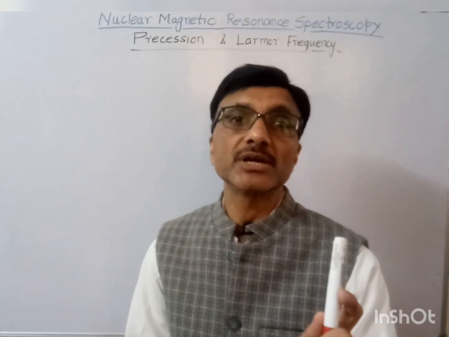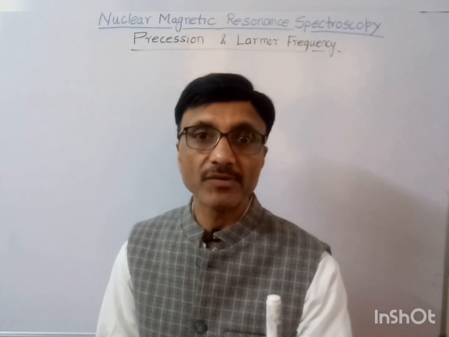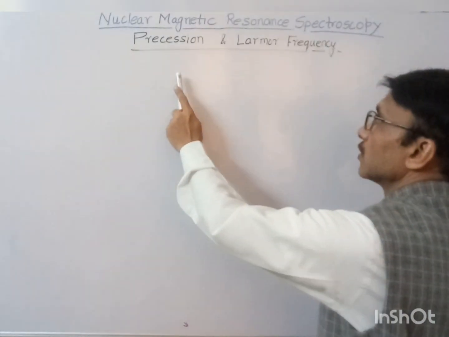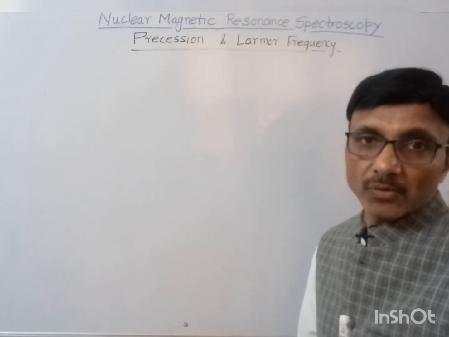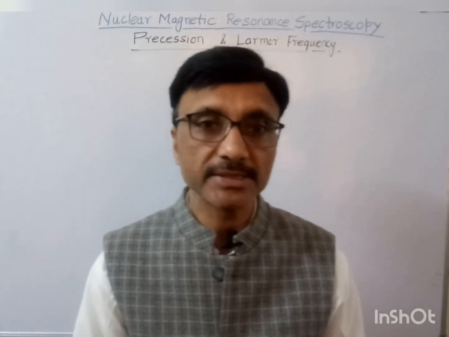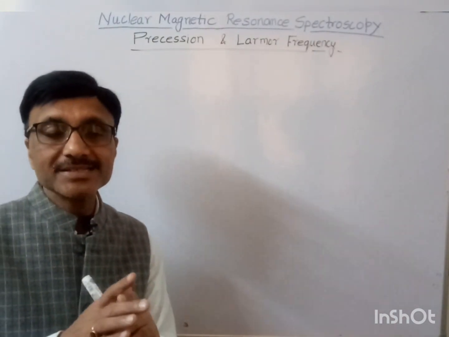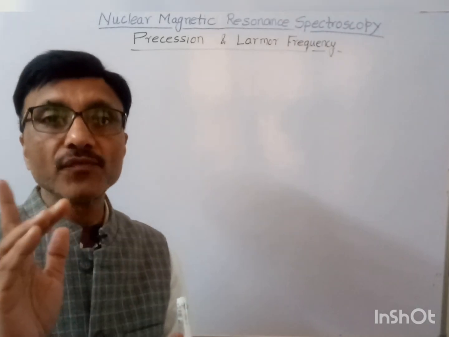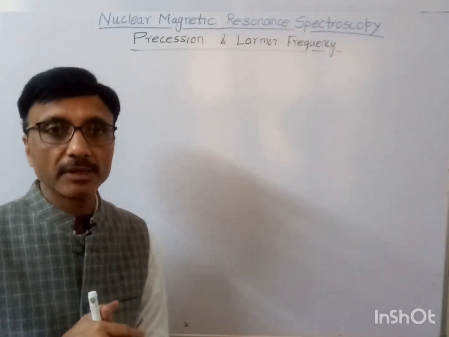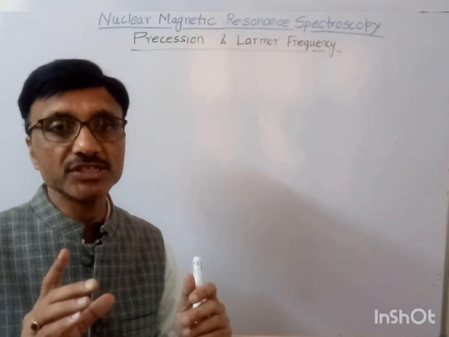Another kind of rotation, in presence of an external magnetic field, is that the nuclei have a precession also. So what is this precession? Let us discuss what is meant by precession. Precession is rotation like that of a spinning top.